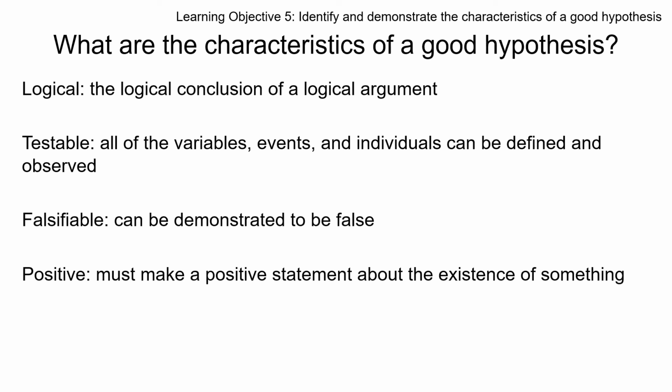I'm not saying that this new drug is not as good as previous drugs, or that this new drug is taken away or anything like that. Those aren't clear enough. A positive statement is saying this new drug will reduce headaches more than previous painkillers.